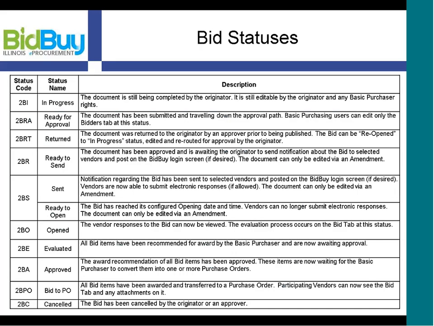The bid statuses, just like the requisition status sheet, note the status name column. Bids will move through several different statuses on their way to being approved: ready to open, sent, opened, evaluated, etc.